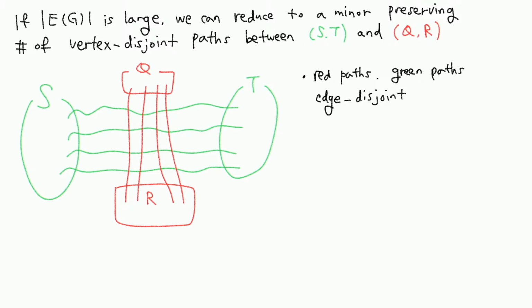Then the result also contains the same number of disjoint paths. So we can assume this, and moreover, we can assume that this is the whole graph, and there is no other edge, because if we have an extra edge, then we can just delete it.